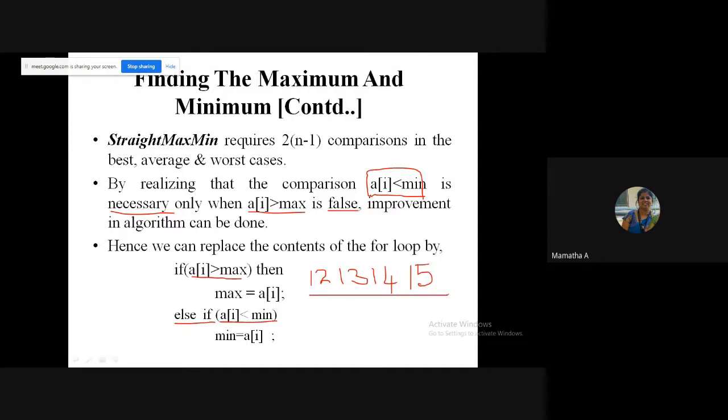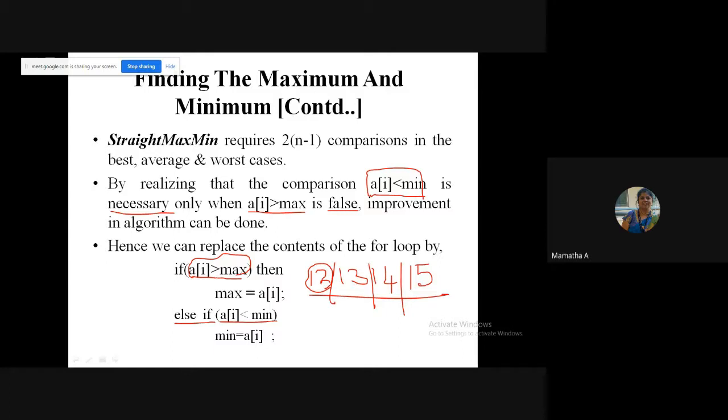Suppose I have an input like this: 12, 13, 14, 15. Tell me how many times this condition will be executed if this is the case. If it is in ascending order, how many times will this condition be executed? Students, observe and tell me. First of all, max will be 12. Then I will compare with 13, 14, 15.